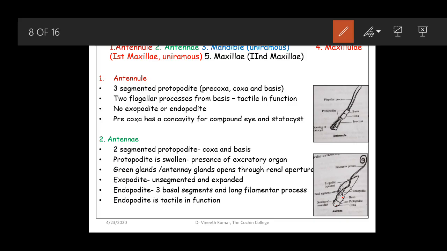So the antenna holds the coxal gland, or the green gland, which opens through the renal aperture. The exopodite, you can see, is a flat fan-like structure like this. And the long segmented one is called the endopodite. The endopodite has three basal segments and a long filamentous process which is heavily segmented. The endopodite is tactile in function.